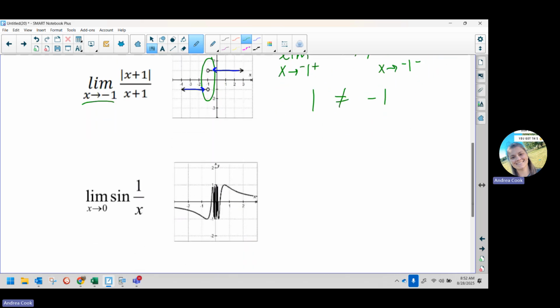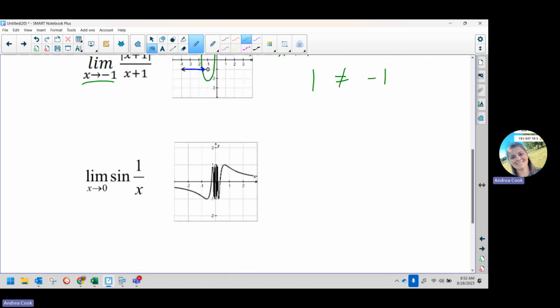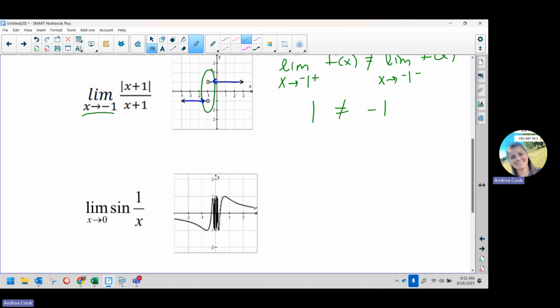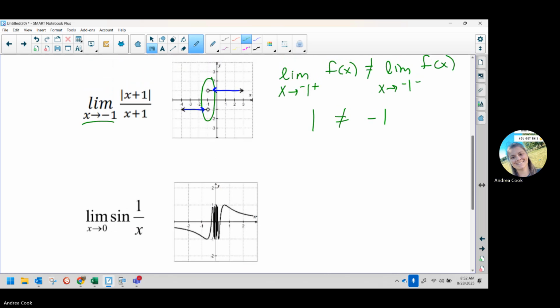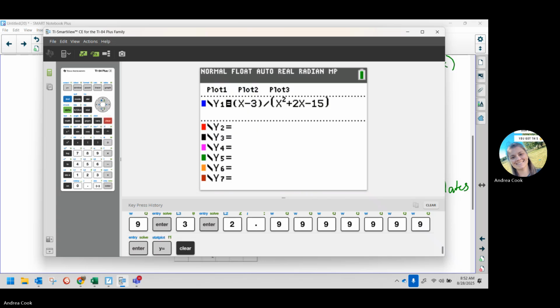And the last picture, the limit as x approaches 0 of sine of 1 over x. What's happening is it's jumping up and down. So as x approaches 0, f of x oscillates. I'm going to show you on your calculator just what that looks like.